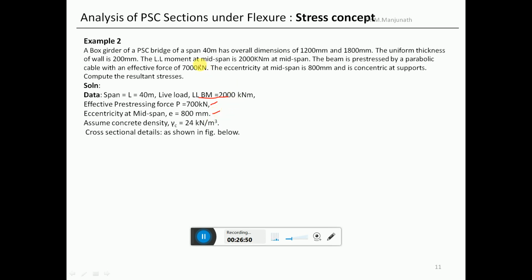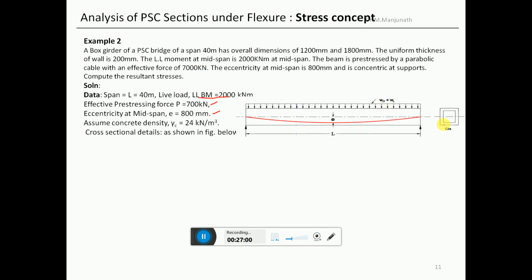Now coming to the cross section, it is a bridge girder, it is a hollow box girder. So this is the cross section. So it is a hollow box girder and the cable is parabolic, as you see here. At the support the eccentricity is 0, we say it is concentric. At midspan it has an eccentricity which is given as 800 mm.